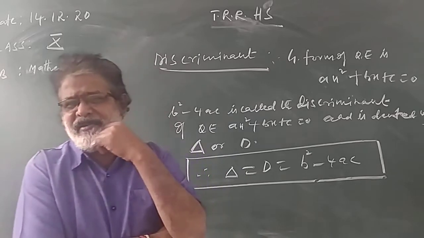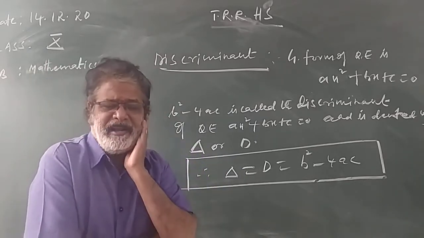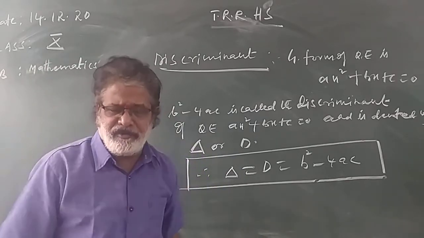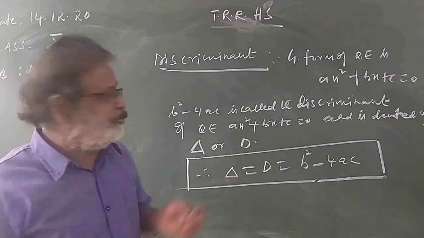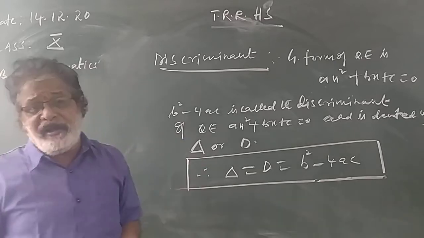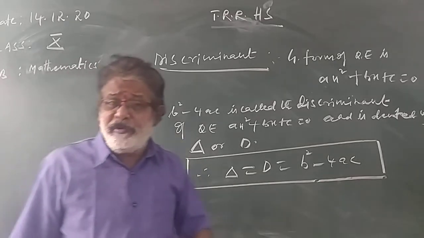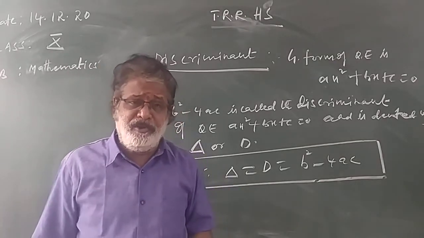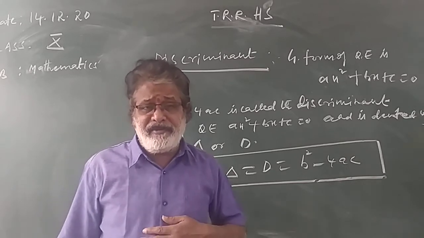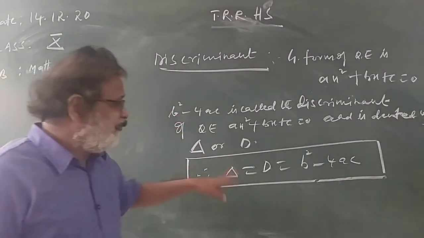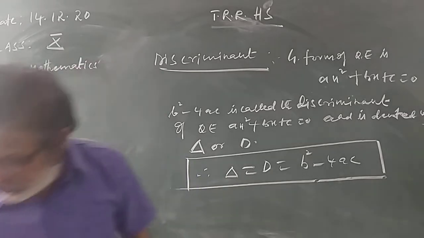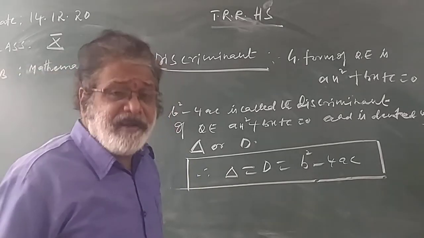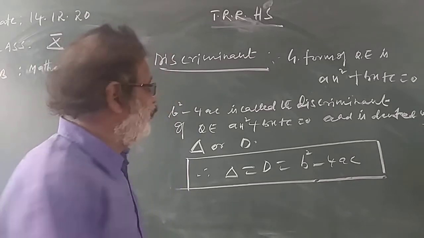So how to comment on the nature of the roots? To comment on the nature of the roots, we should know the discriminant. Without knowing the discriminant, we cannot comment on the nature of the roots. If you know the discriminant, you can comment on the nature of the roots.